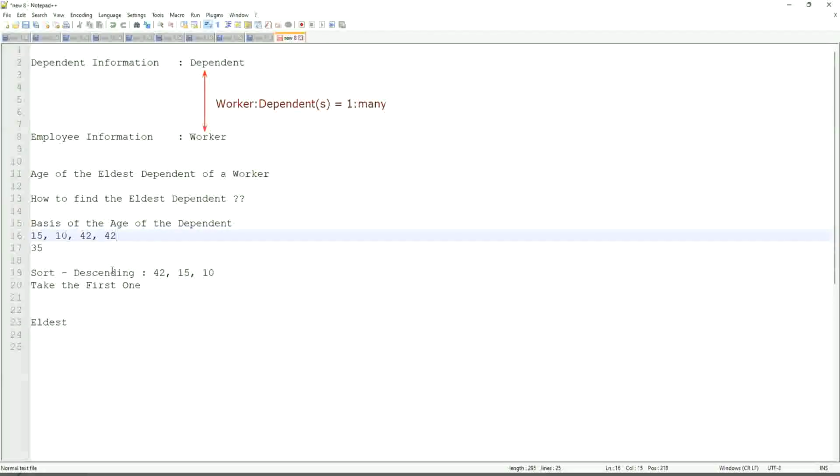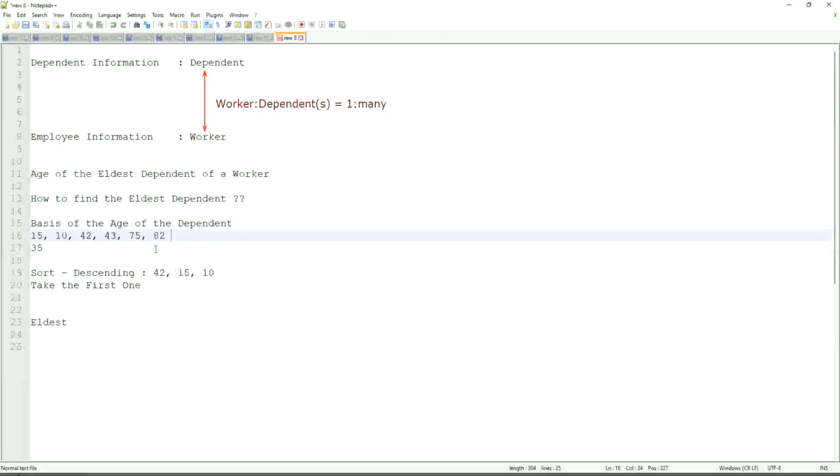Right. But if there are multiple dependents, maybe you give a higher priority to the spouse. So in that case you have to think of another factor to act as a tiebreaker. Okay. But let's say you have more numbers like 42, 43, 75, 82, and so on.